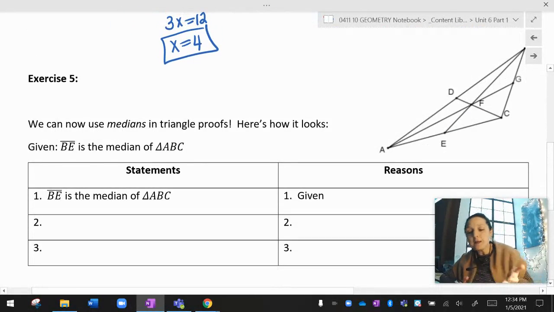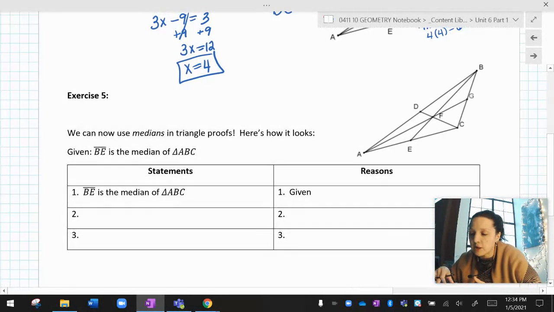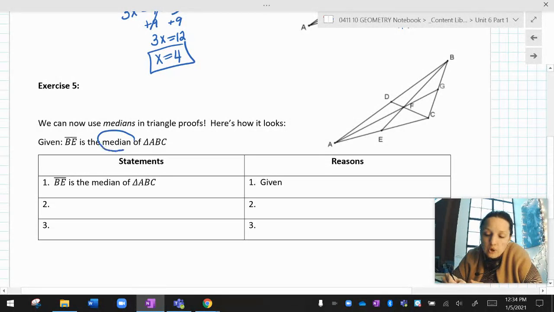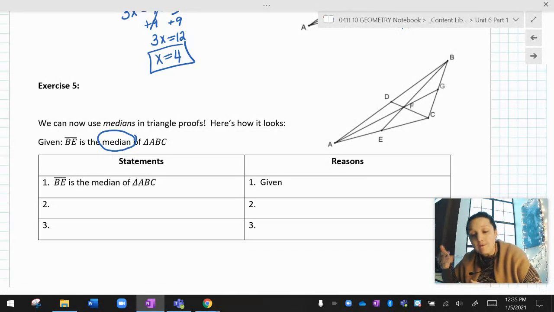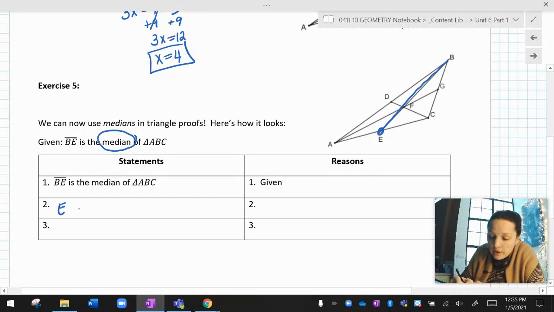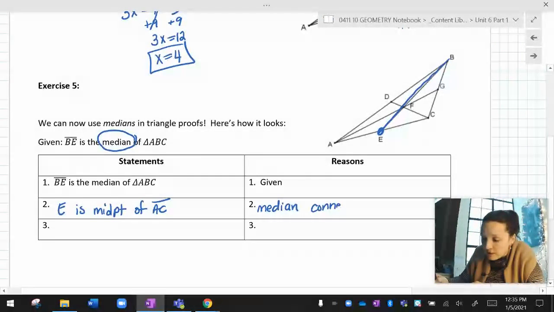All right, and then last but not least, we can use medians and triangle proofs. This is actually very quick. We're not going to complete an entire proof, but now what you need to know is if the word median is used in the given, if you know you have a median, you know you have a midpoint. So if BE is a median, then you know that E is the midpoint of AC because a median connects a vertex to a midpoint.